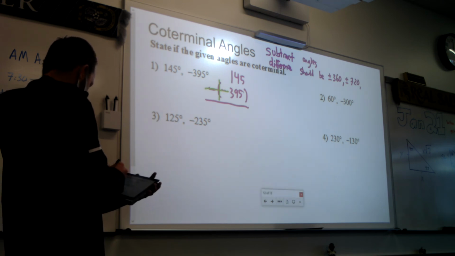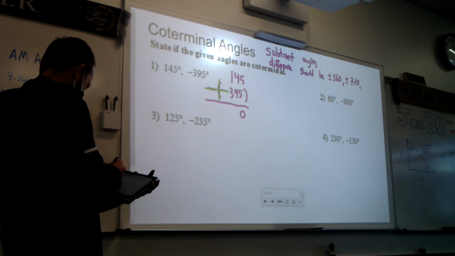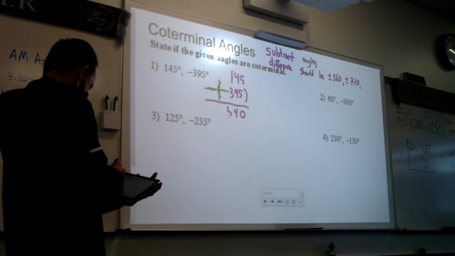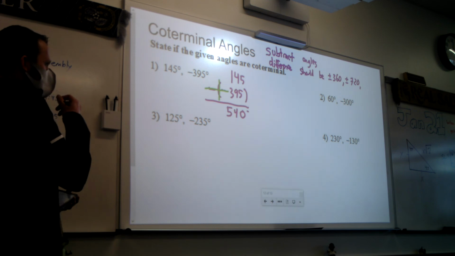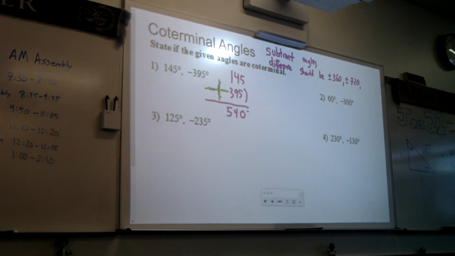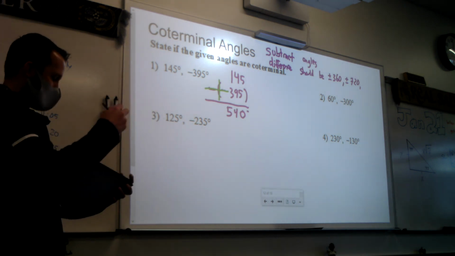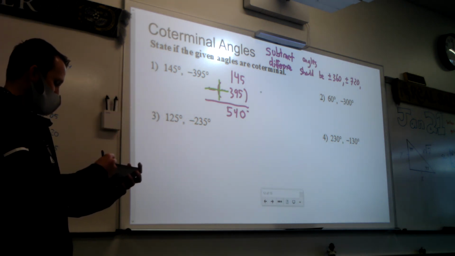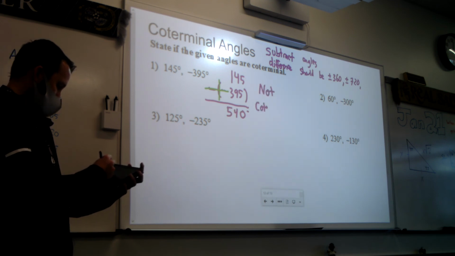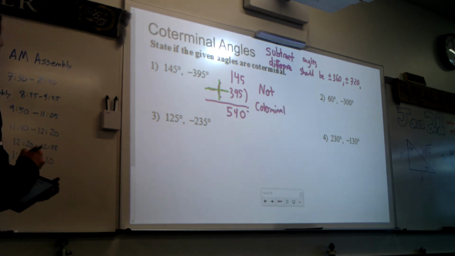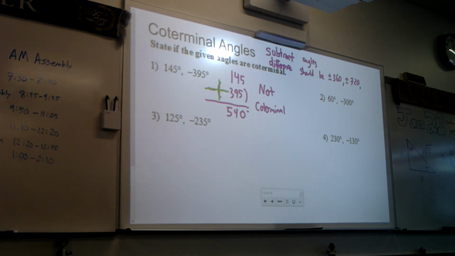I do 145 plus 395, and I get 0, carry the 1, 4, carry the 1, 540. Is that a full rotation? Yes, but more than a full rotation. Sorry, is it an exact rotation? No, 540 is actually 1.5. So what does that tell us about these two angles? They're not coterminal. I just put an X, or an X, that will work as well.